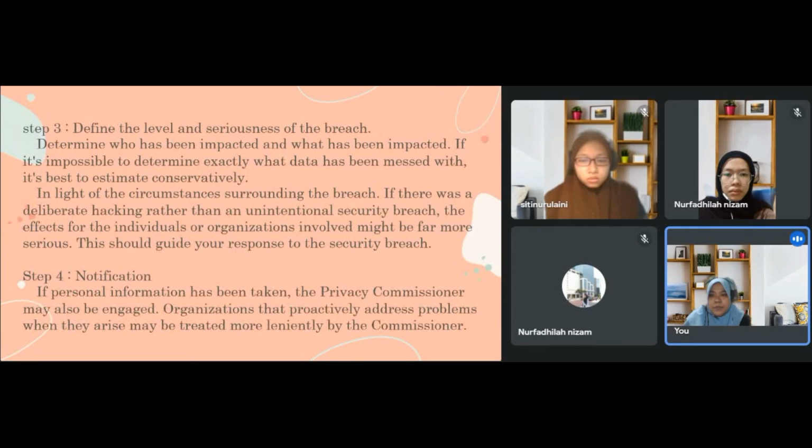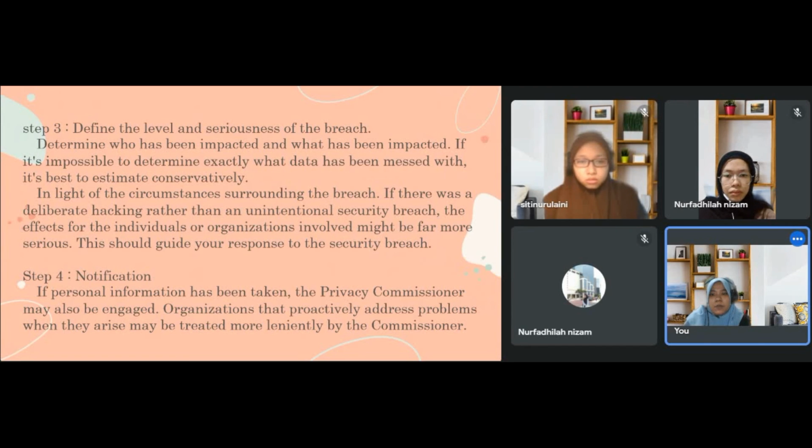Step 3. Define the level of seriousness of the breach. The IT staff have to determine what has been impacted. If it is impossible to determine exactly what data has been messed with, it is best to estimate conservatively in light of the circumstances surrounding the breach.